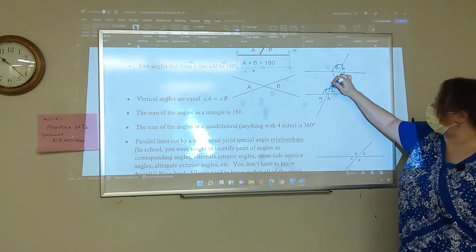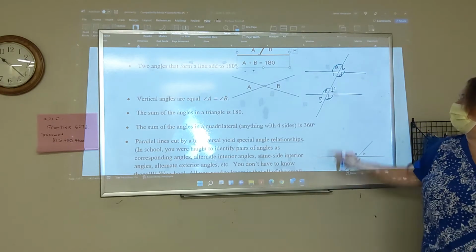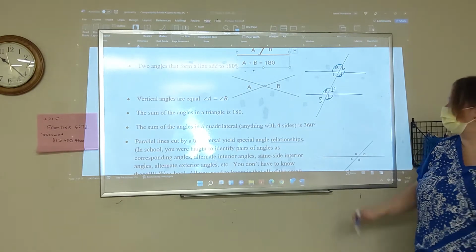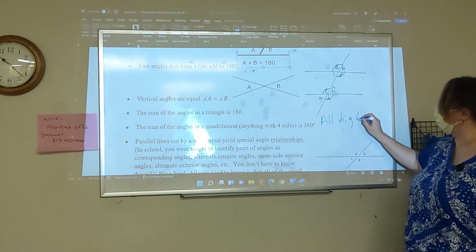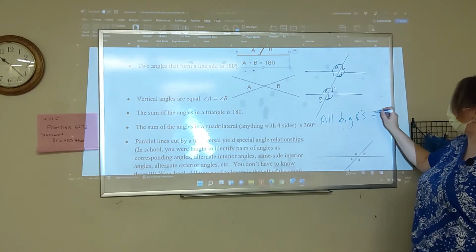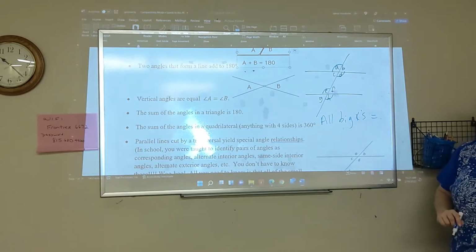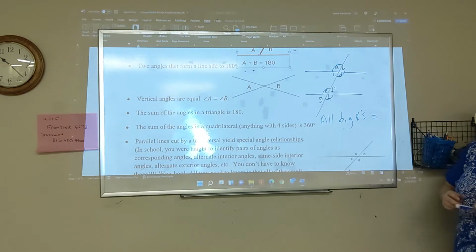E and F, E is your big, G and H, G is your big, okay? So the first thing you need to know about this picture is that all your big angles are equal. We'll just say equal. That's the first thing you need to know.